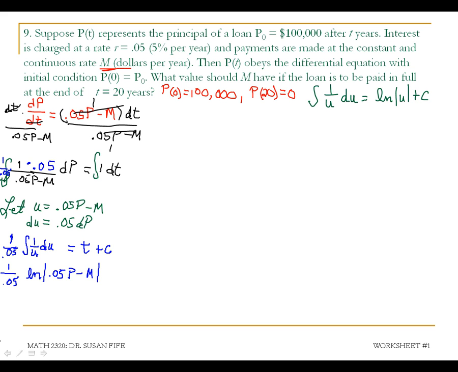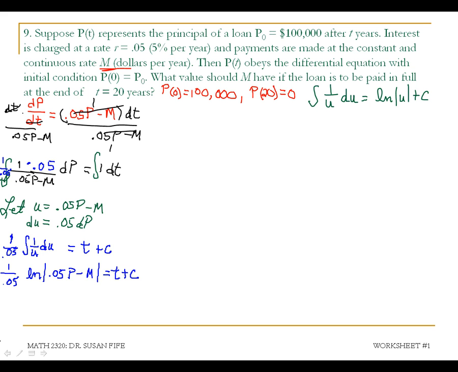And then you get plus a constant of integration. Well, because I have a constant of integration already on the right side, those incorporate together. We only need one constant of integration. And I get this equation, which gives me the solution to the equation that I'm looking for.